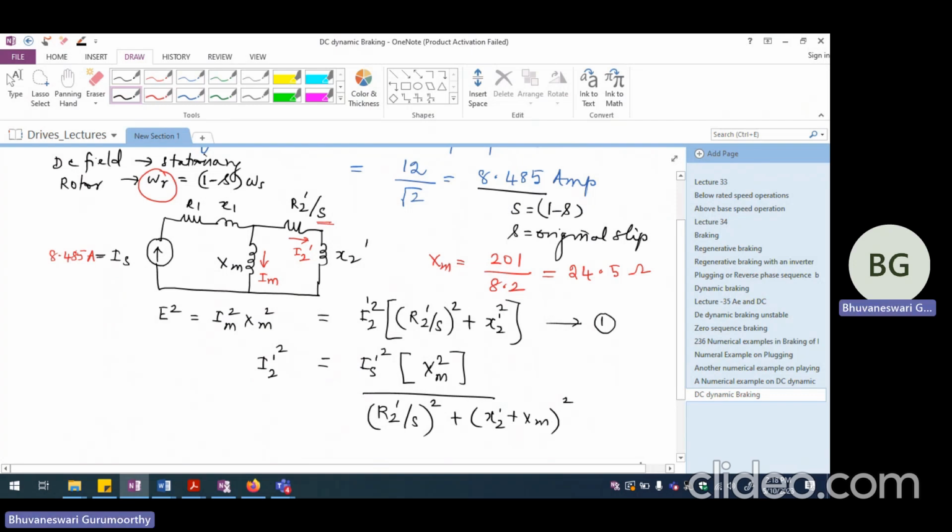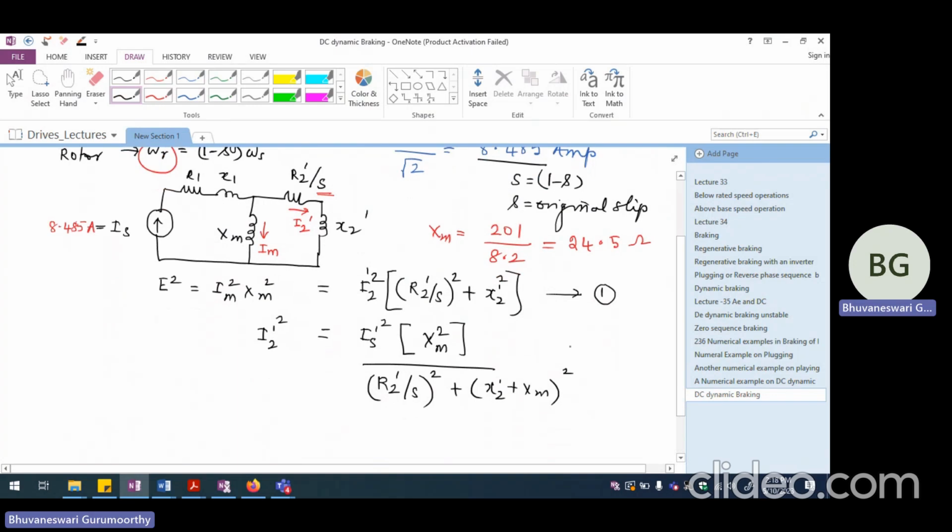So I can write this in a different format. I can say that IS dash square multiplied by XM square should be equal to I2 dash square multiplied by R2 dash by S the whole square plus X2 dash plus XM the whole square. So let me call this equation number 2.